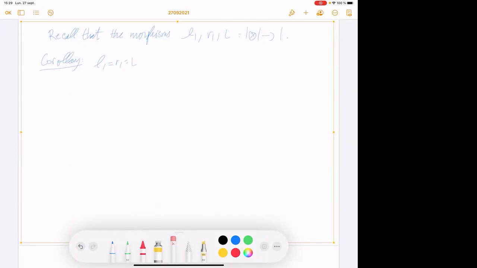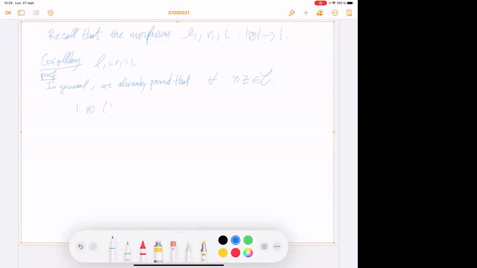In general, we already proved that for all Y, Z in the monoidal category, we have this triangle.